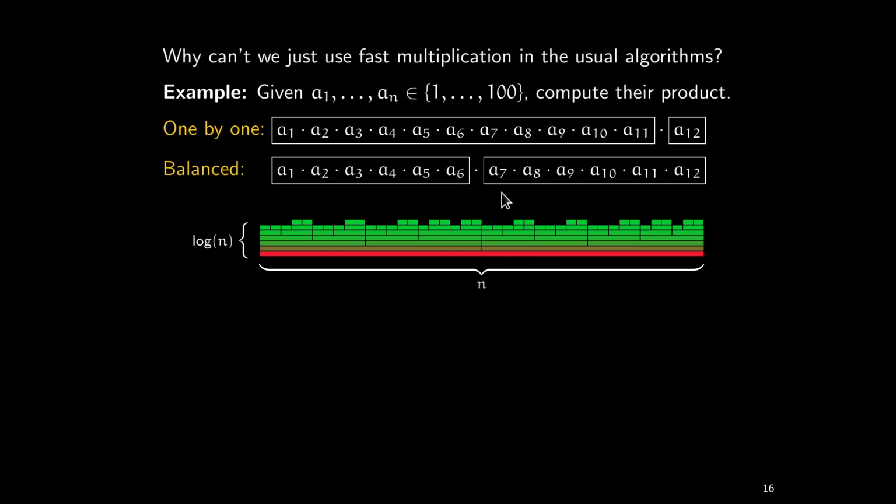We want to use fast multiplication, and fast multiplication is fast. So here it's essentially linear time. So the picture here is quite appropriate, up to some logarithmic factors. There's this logarithmic factor that says how many multiplications I have to do.